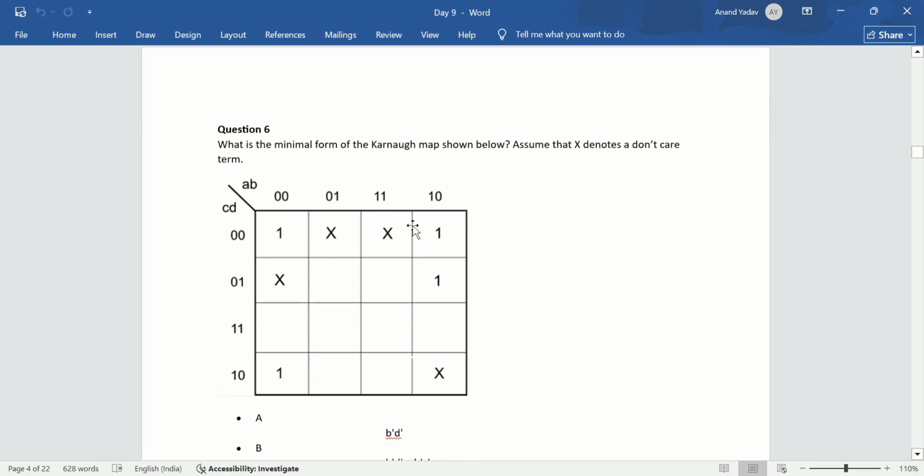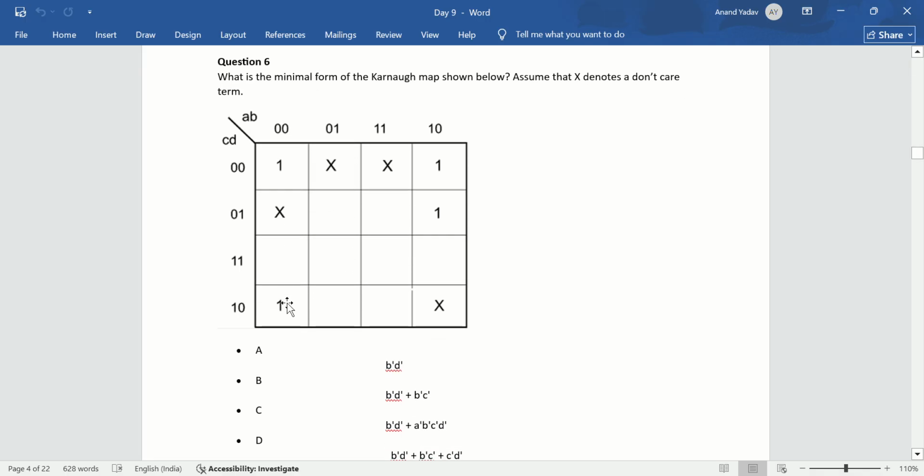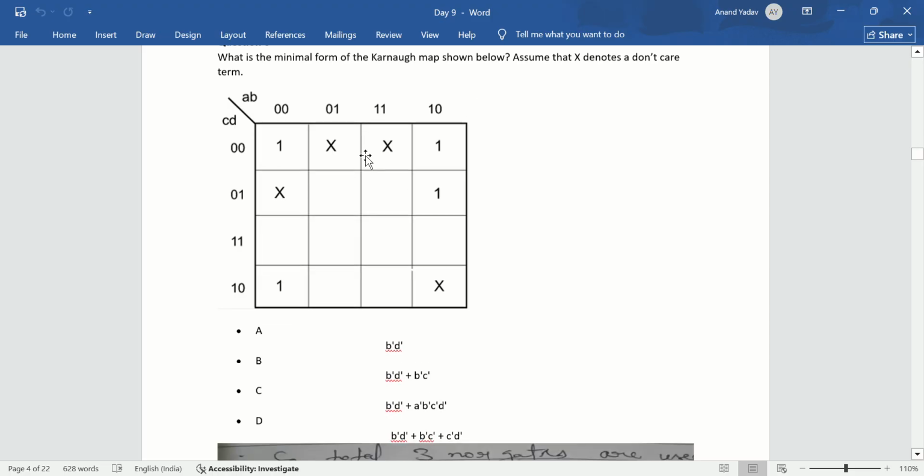Now next one is: what is the minimal form of the Karnaugh map shown below? Assume that X denotes a don't care term. So it will ask for the minimal term.